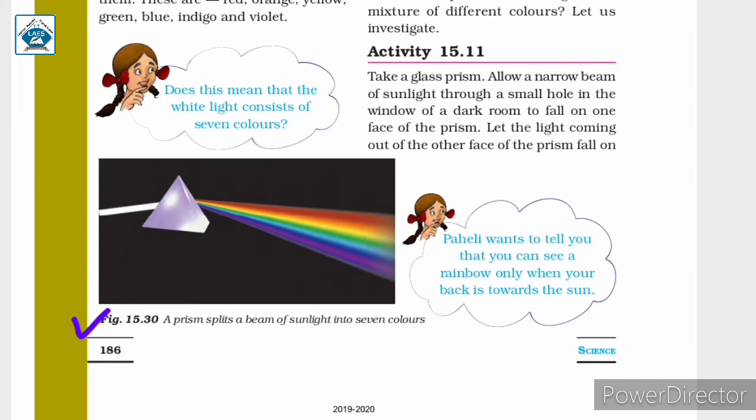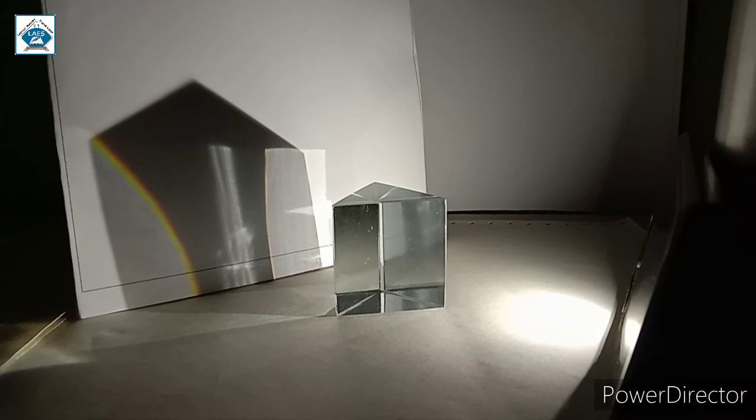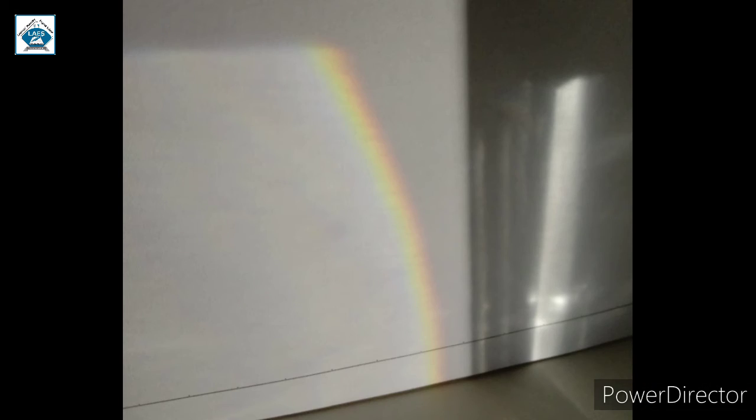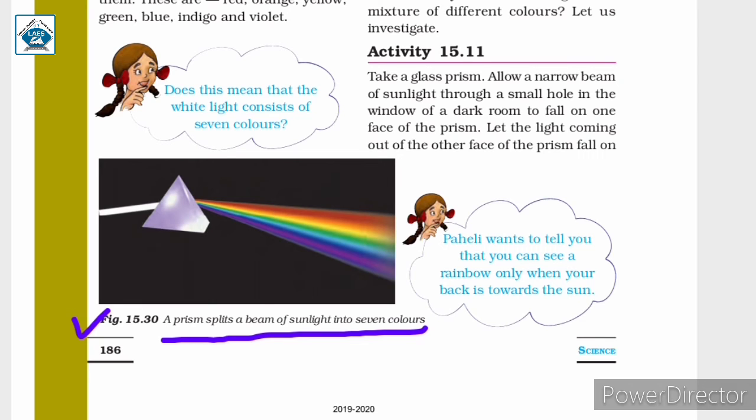Here in figure 15.30, you can see that a prism splits a beam of sunlight into 7 colors. So these 7 colors are, from top to bottom, red, orange, yellow, green, blue, indigo and violet. From this activity, we can conclude that sunlight consists of 7 colors.